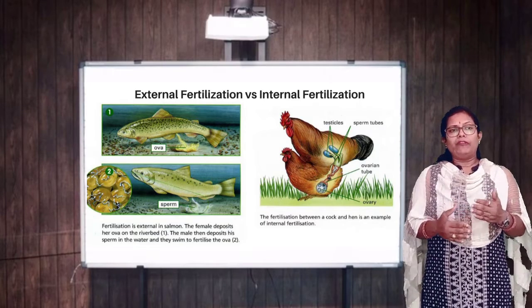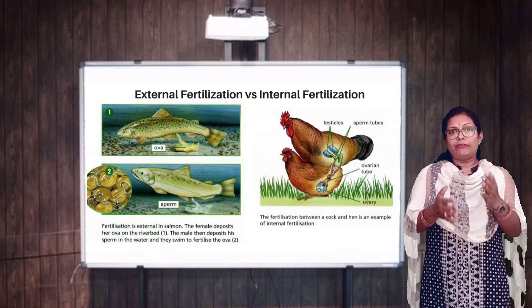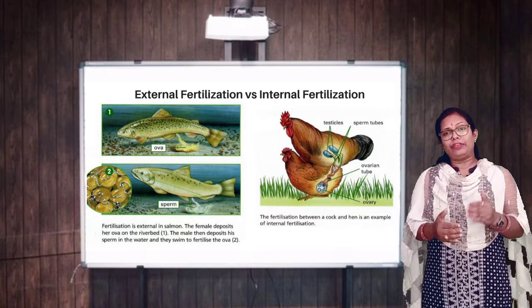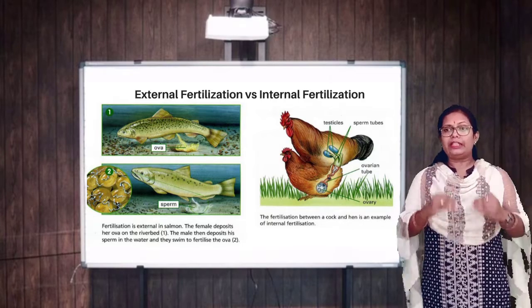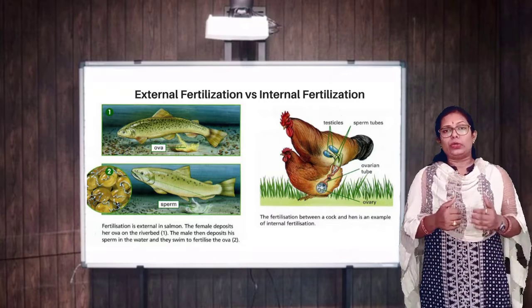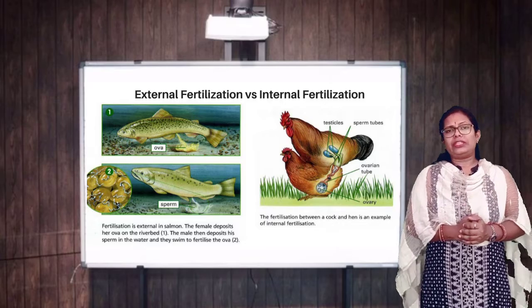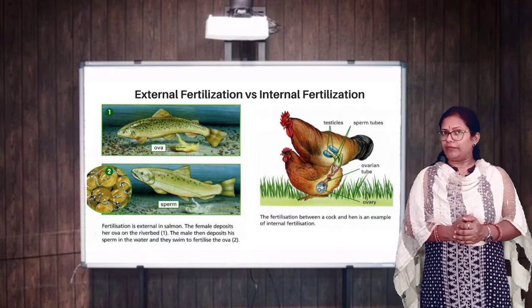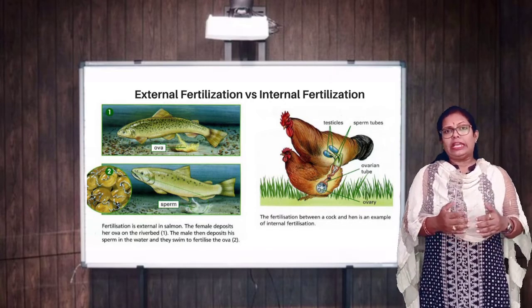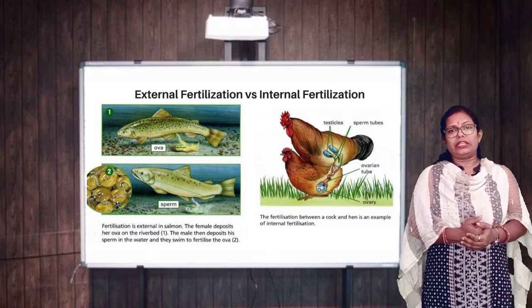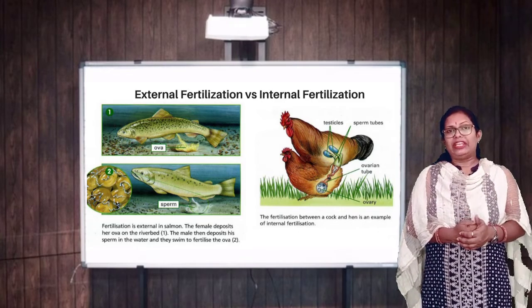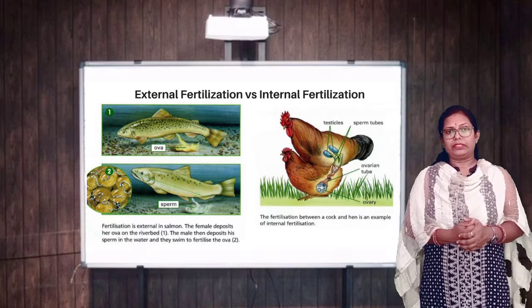Whereas when the fusion of male and female gametes occurs inside the female body, it is known as internal fertilization. External fertilization can be seen in fish and frogs, whereas internal fertilization is seen in reptiles, mammals and birds.